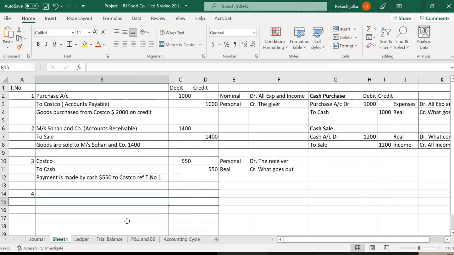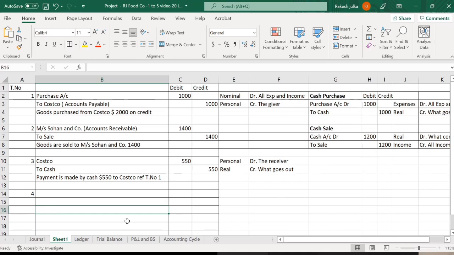Now, the fourth journal entry. I'm just going to write on the basis of reference number 2, transaction number 2. Some of the goods that we sold to Messrs. Sohan, and we received some money. When we receive money, definitely cash account debit.